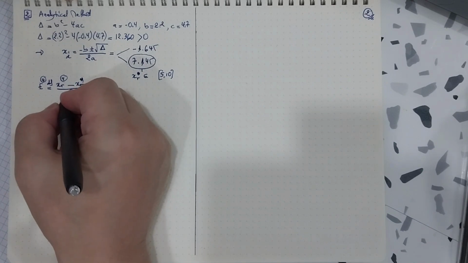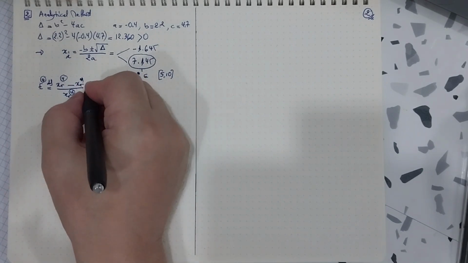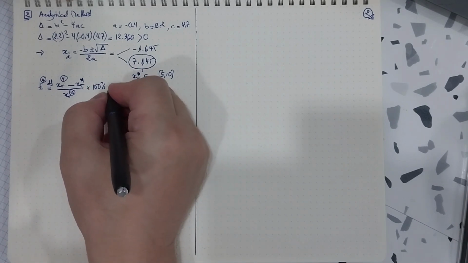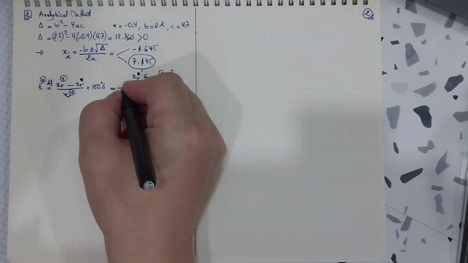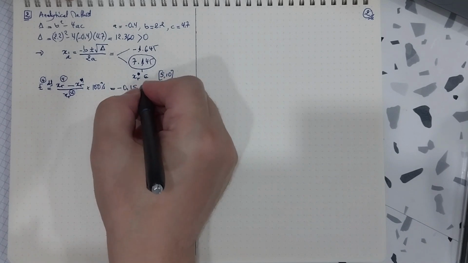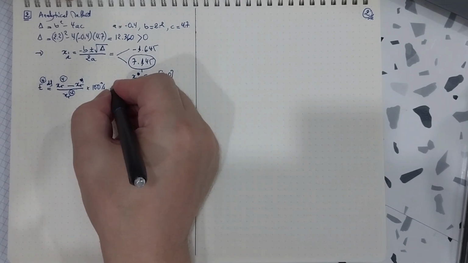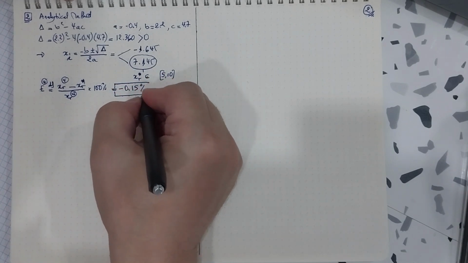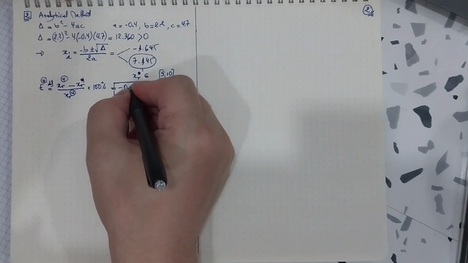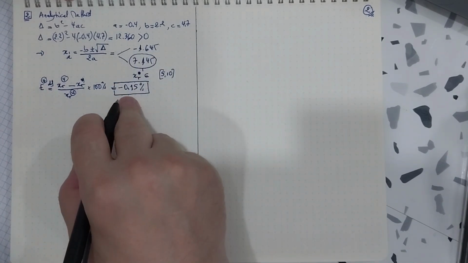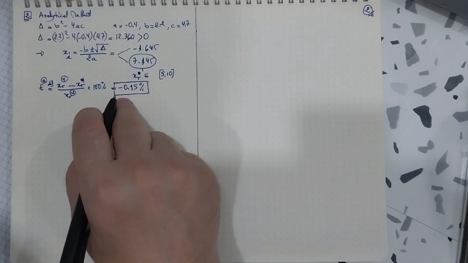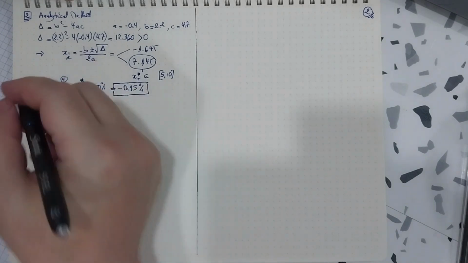So it's relative to the fourth point, times 100%. And we find minus 0.15%. So it's really close to the exact solution. We have an error less than 1% in absolute value.